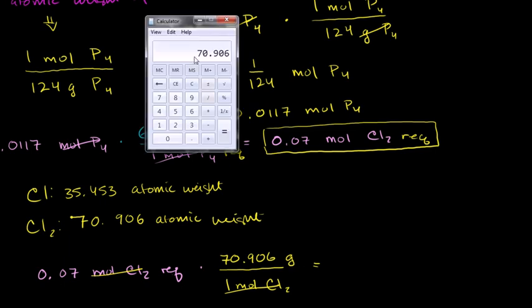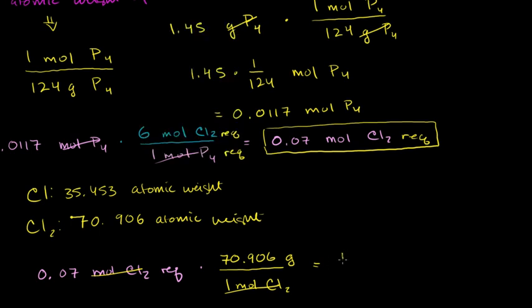So let's get that over here. We have 70.906 times 0.07 is equal to 4.96 grams. And actually, this is grams of Cl, of chlorine gas.